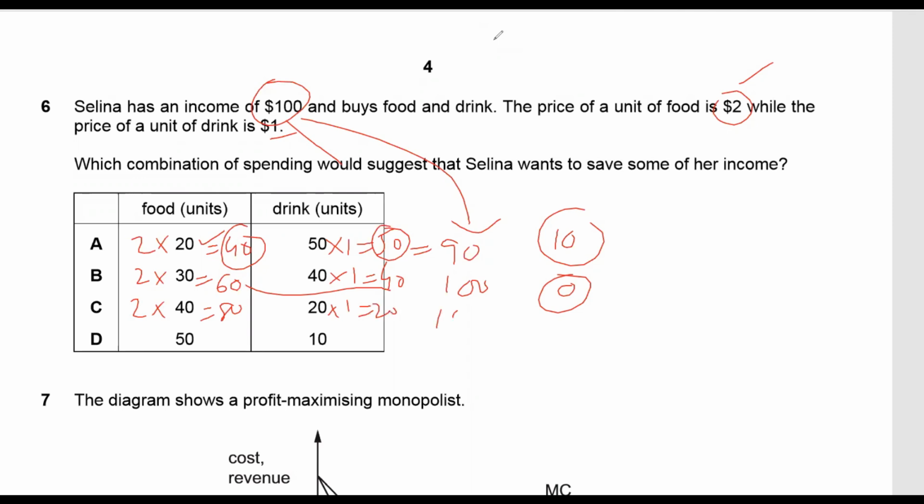So she is again spending total income, and in the last option she is spending $110, which is more than her income, and it is not possible for her. She is saving maximum income in case of option A, when her spending is equal to 90 and her income is equal to 100. So she is saving $10.